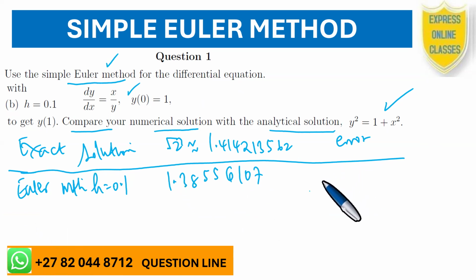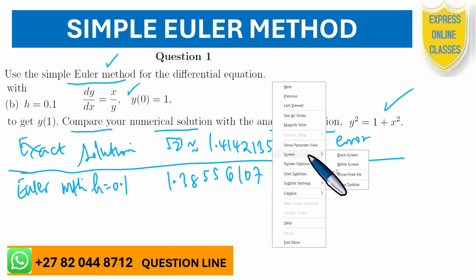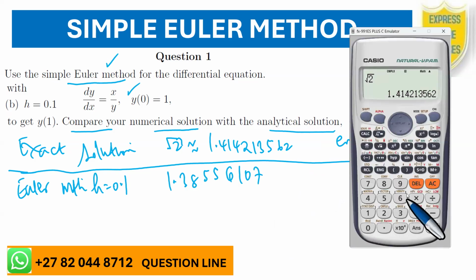Now you get the error. The error is the difference between the two. So you'd have the square root of 2 minus the value we've got, minus 1.3855 6107.